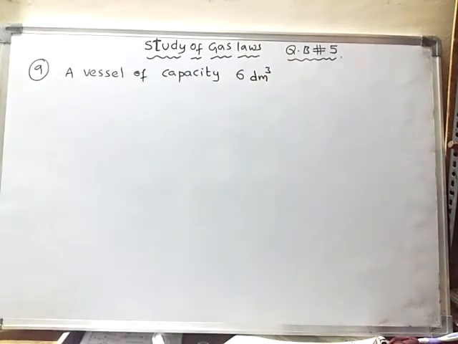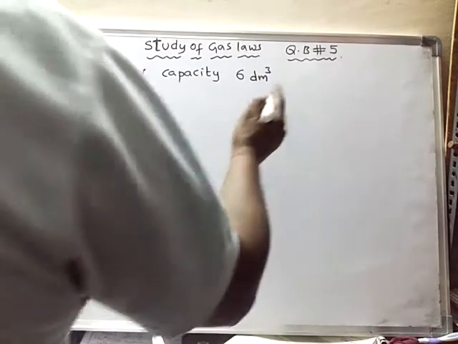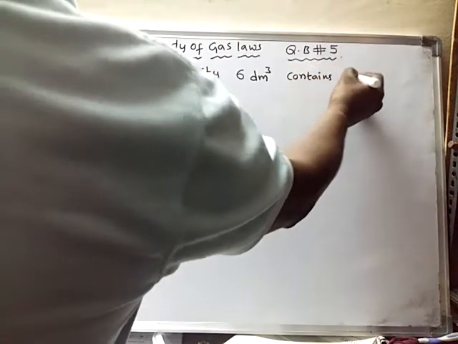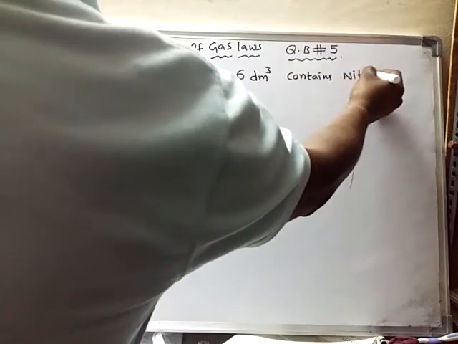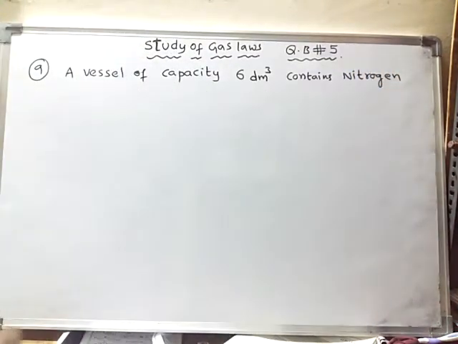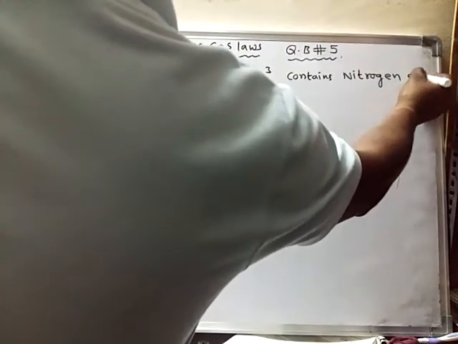See, 1 decimeter cube is equal to 1 liter, remember. So 6 decimeter cube means 6 liters. A vessel of capacity 6 decimeter cube contains nitrogen gas.